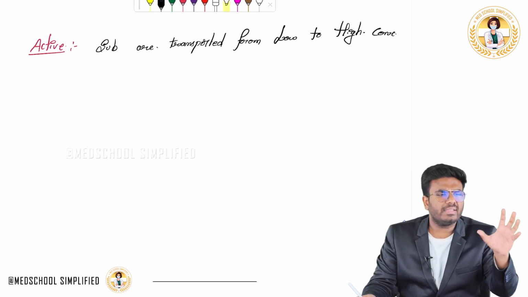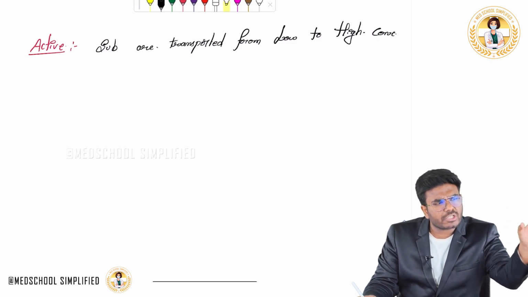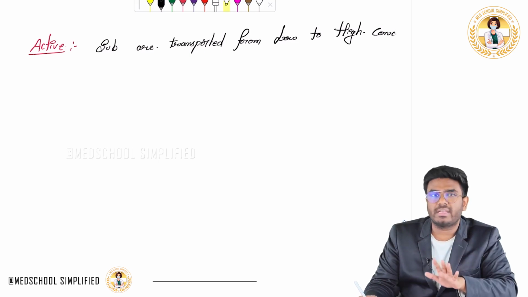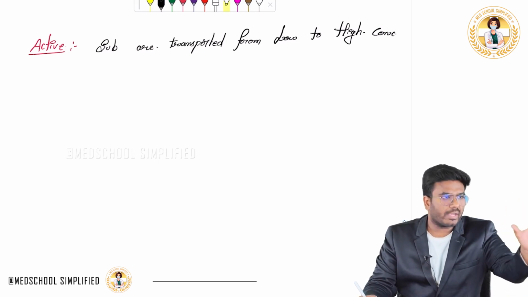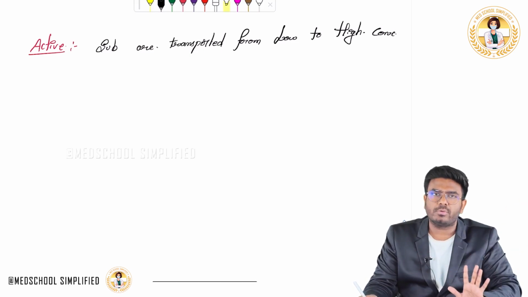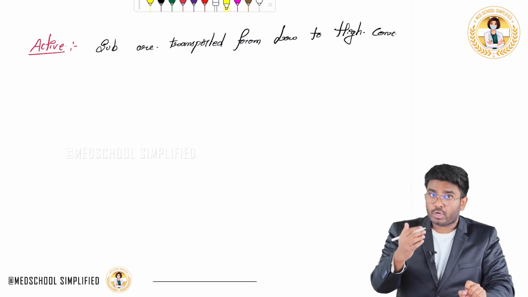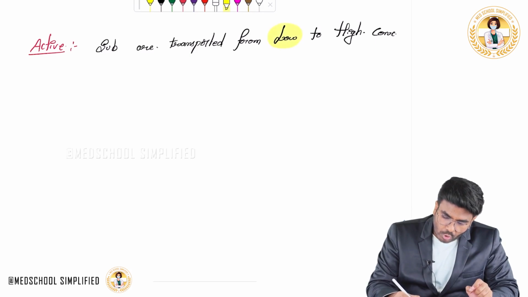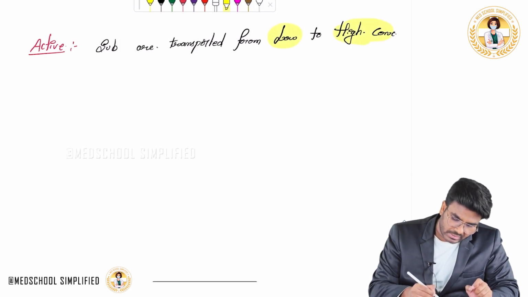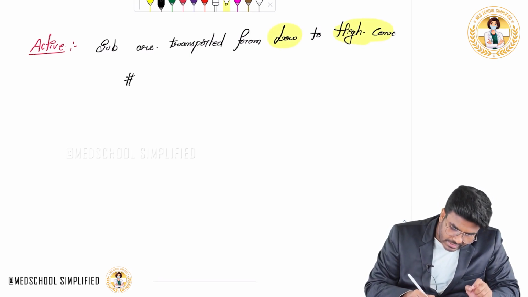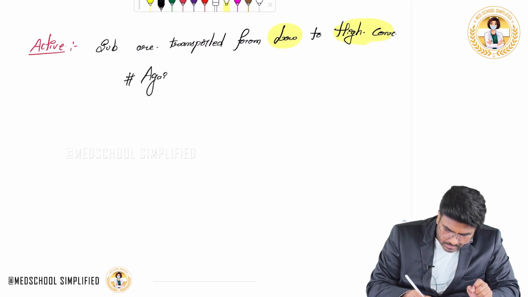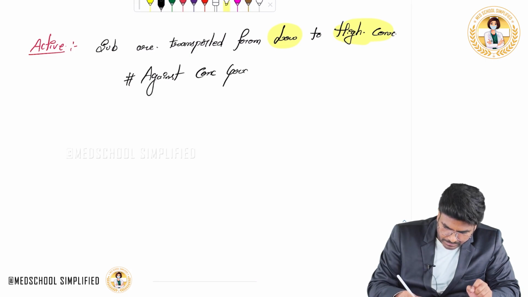Normally, we know if anything is moving from a high concentration to low concentration, there is no need of any energy. By nature, it will move. But if you want to move a substance from low to high concentration, that is against the concentration gradient.